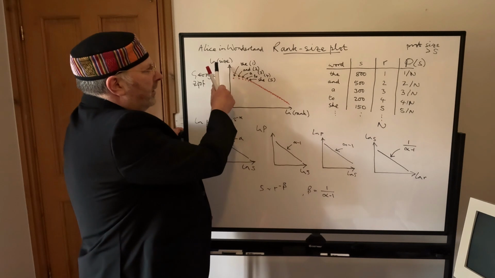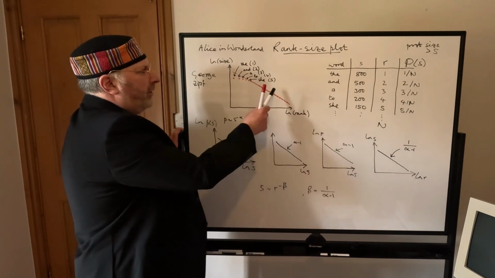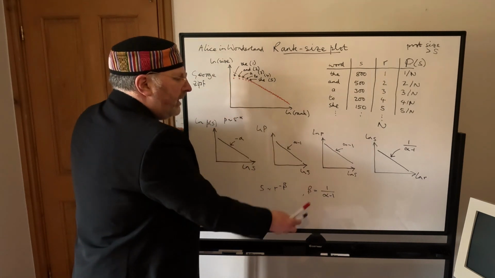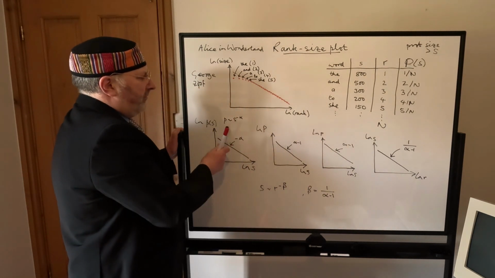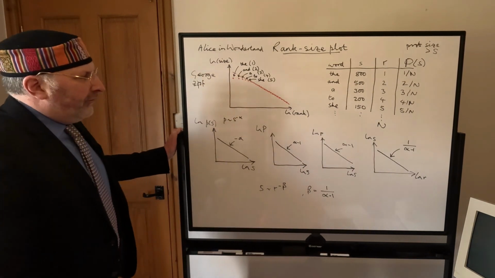So if we do a rank size plot, we can measure the slope of it, which is the exponent beta, and then we know what the exponent of the underlying power law is, because the two are related by this.